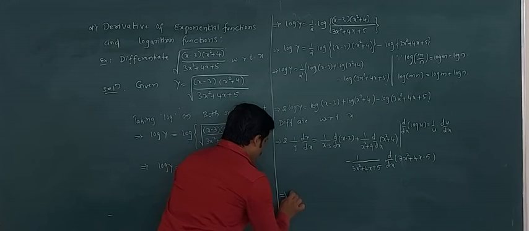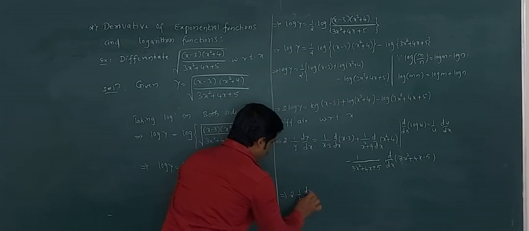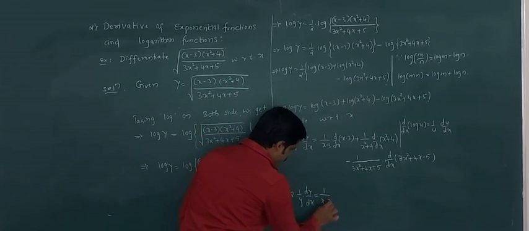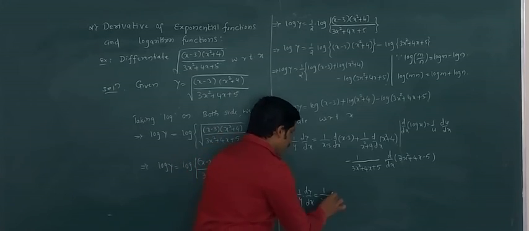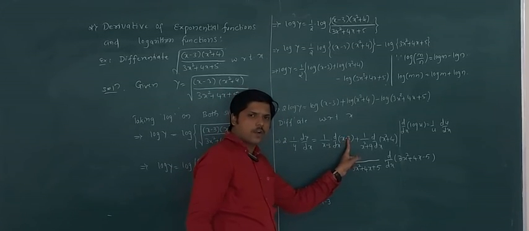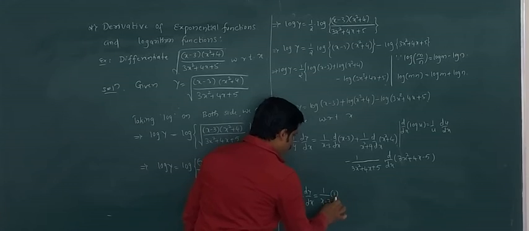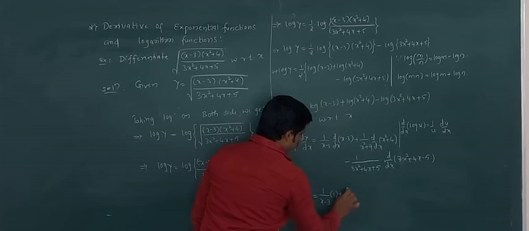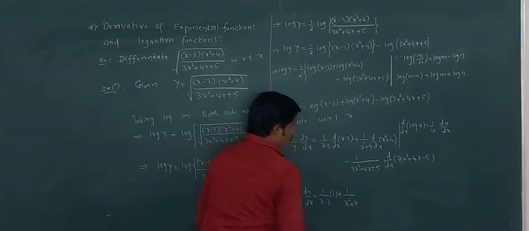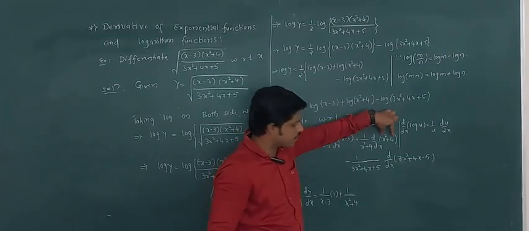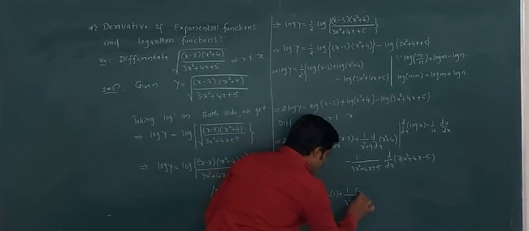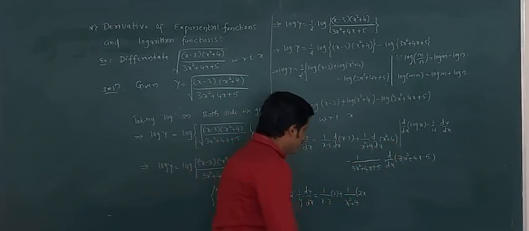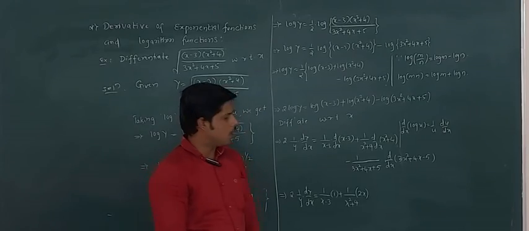Again this implies 2 into 1 by y into dy by dx is equal to 1 by (x minus 3) as it is, and differentiation of x is 1 and differentiation of constant is 0, so therefore 1 minus 0 is 1, plus 1 by (x square plus 4) as it is. Now differentiate x square plus 4, x square differentiation is 2x, plus 4 is again constant, differentiation of constant is 0, so that is 2x plus 0 is 2x.